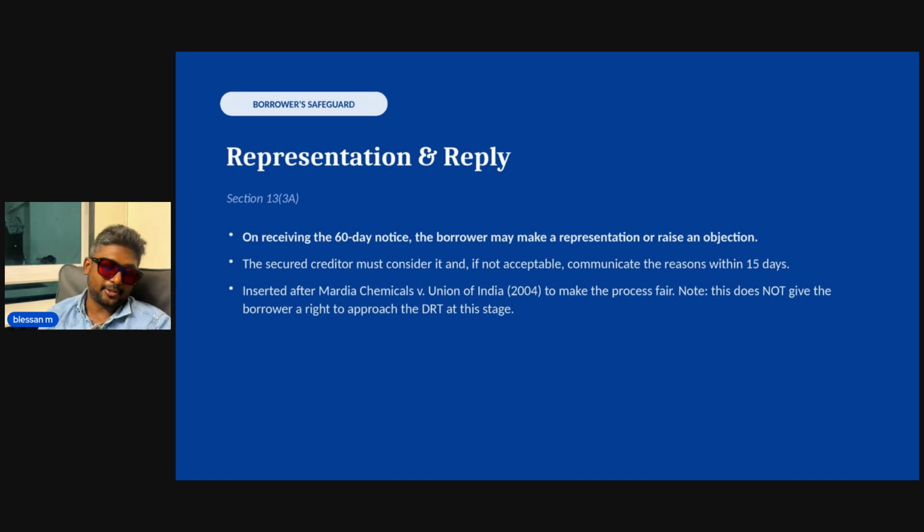But this is optional, and usually every borrower, if they want to, would give a representation, because recovery action is a time-consuming process for the banks. The banks would always want to recover the money, and if the borrower pays and tries some kind of one-time settlement, then it is actually a win-win situation for both the lender and the borrower.